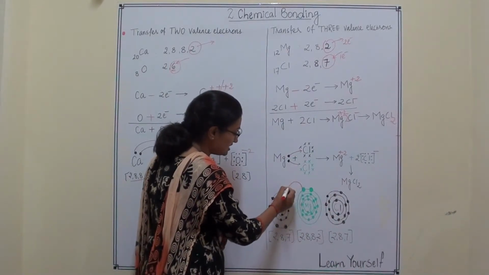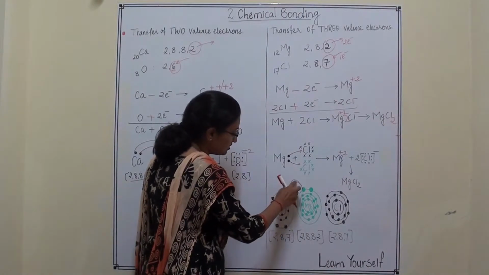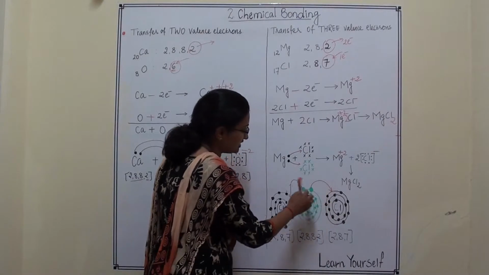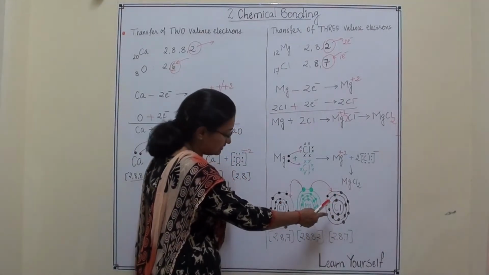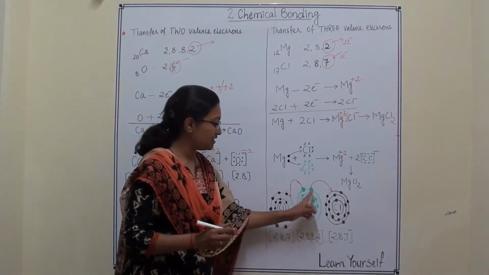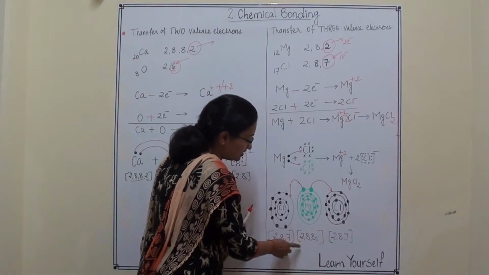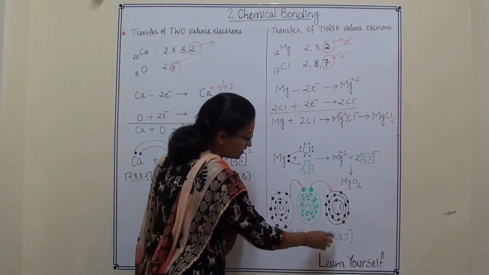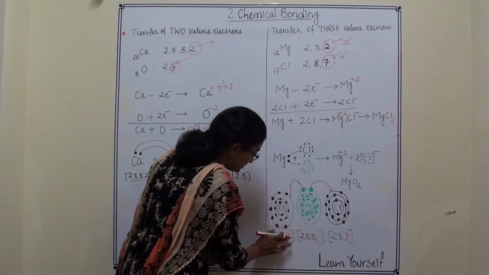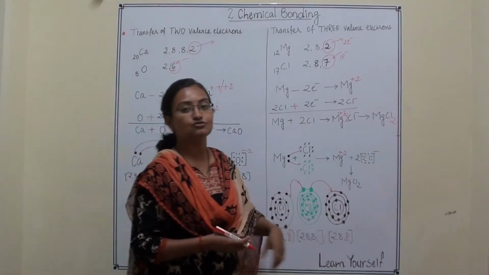After donating, Mg will become Mg plus 2, with 2, 8 configuration, and each Cl will gain an electron to become 2, 8, 8. So in turn MgCl2 will be formed.